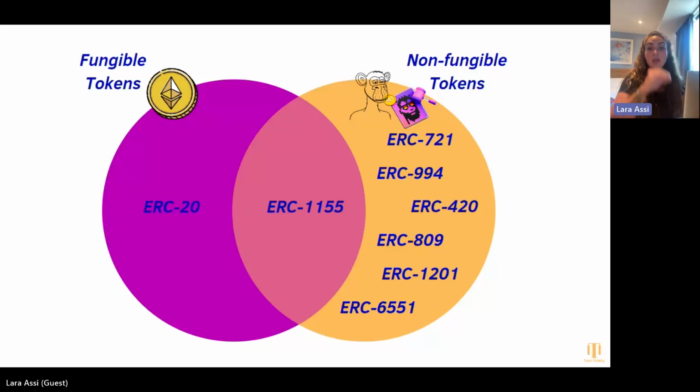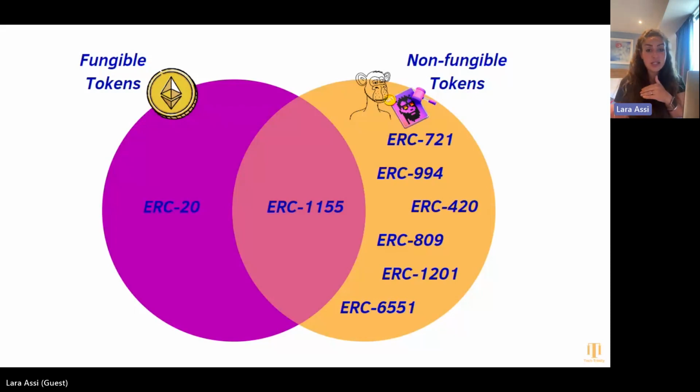Now, come to ERC 721. Thank you, ERC 721. We are all grateful for you because ERC 721 introduced the concept of non-fungible tokens. That's when we had the first framework and standards of NFTs. And of course, unlike ERC 20, each ERC 721 token is unique and represents ownership of a specific digital asset or collectible, which is these NFTs.